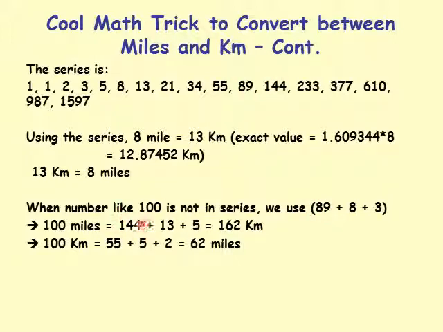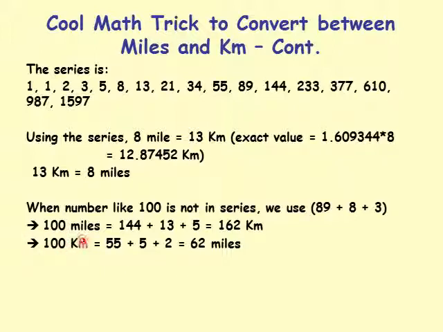We use 144. Next, number 8, and 1 to the right is 13. We use 13 here. Next is 3, and the number to the right is 5. So we use 5 here. We have 144 plus 13 plus 5, which is 162. So 100 miles is equal to 162 kilometers.